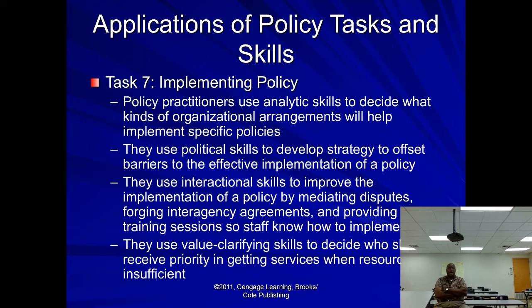And they use interactional skills to improve the implementation of a policy by mediating disputes, forging interagency agreements, and providing training sessions so staff know how to implement it. They use value clarifying skills to decide who should receive priority in getting services when resources are insufficient.